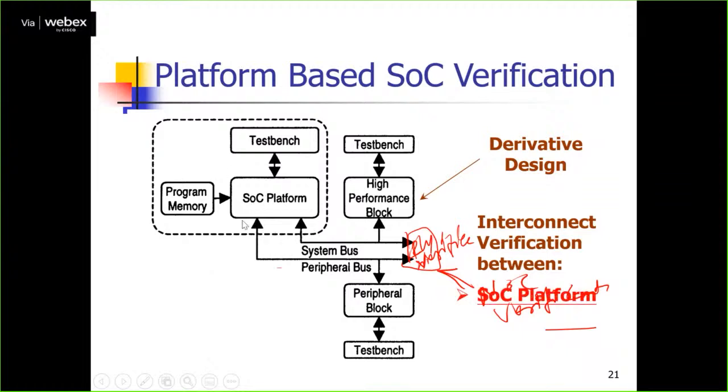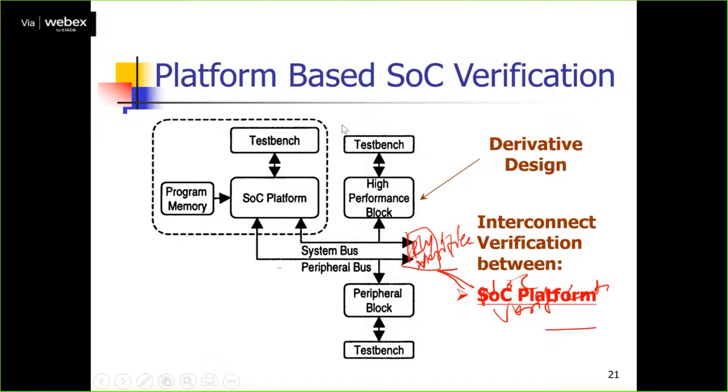To hold this platform, we need to have high performance parameters and peripherals. You can insert those test vectors or you can segregate the platform with general components, high performance blocks and then peripheral blocks and go for different testing.